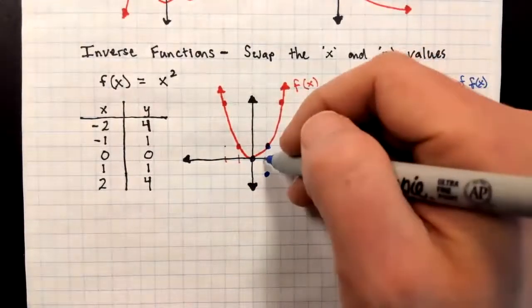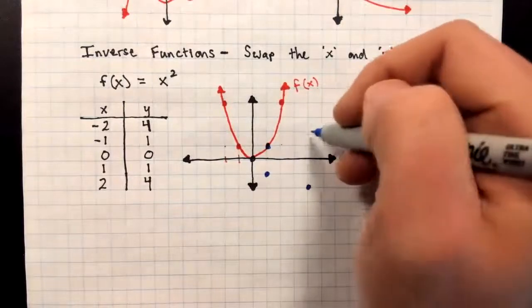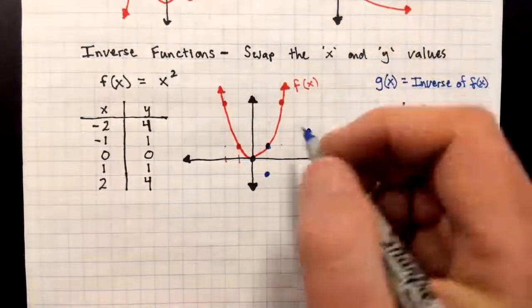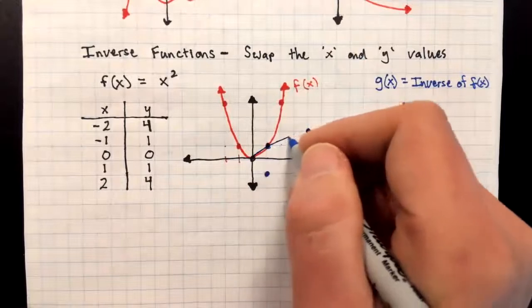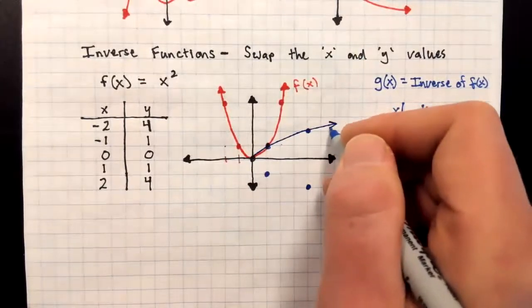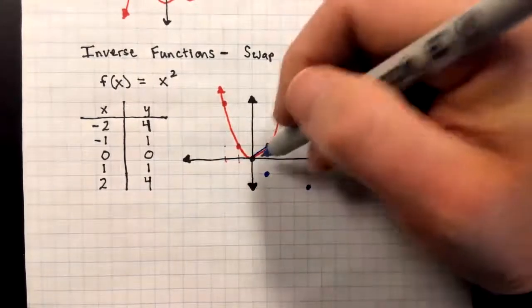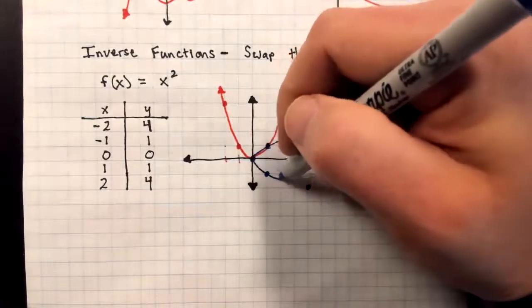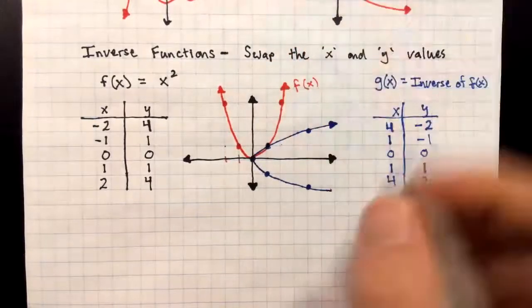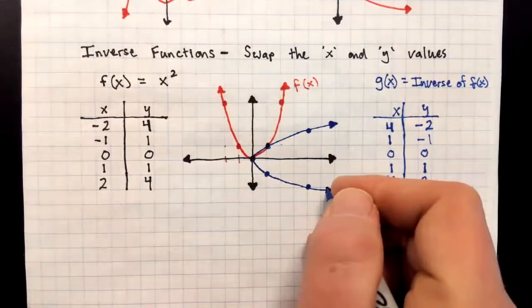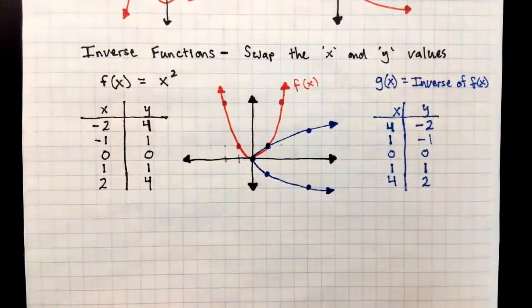And I go over 1, 2, 3, 4, up 2. Cool. That is one of the nicest looking graphs I have ever made.